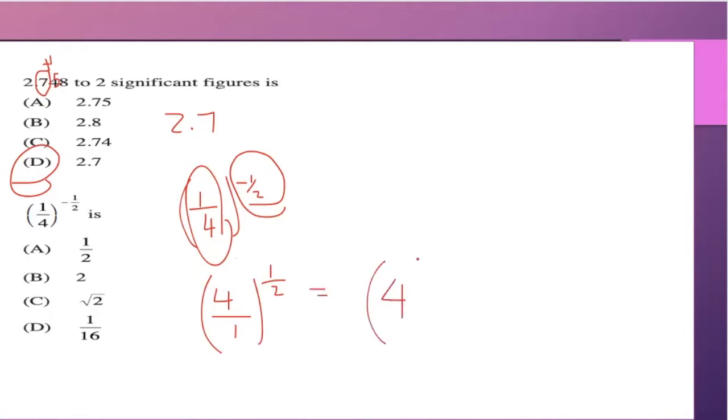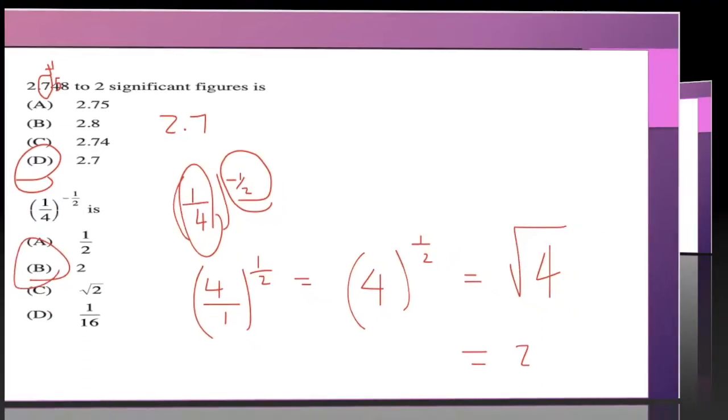So I have 4 raised to the half, and half is the same thing as square root. So this is finding the square root of 4, which is 2. So therefore, my answer is B.